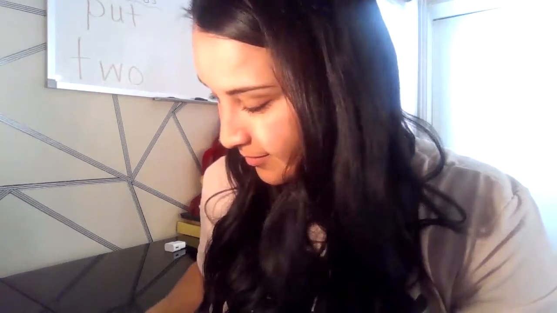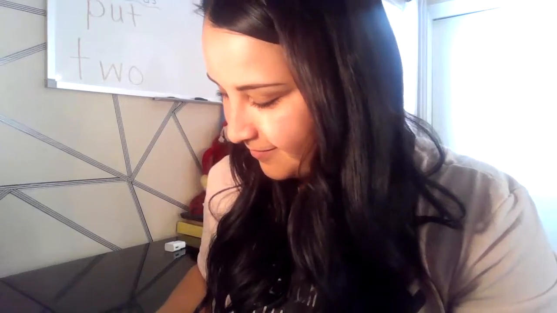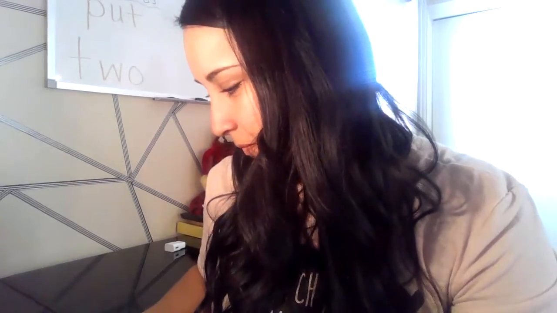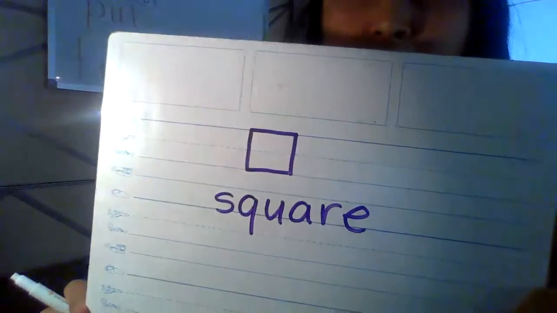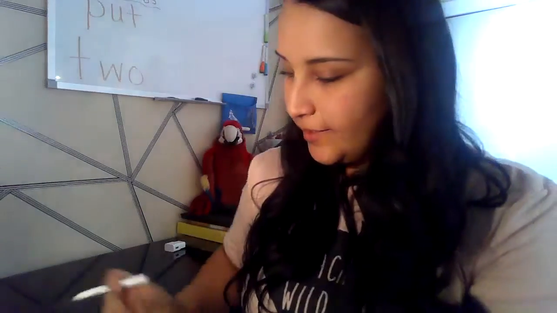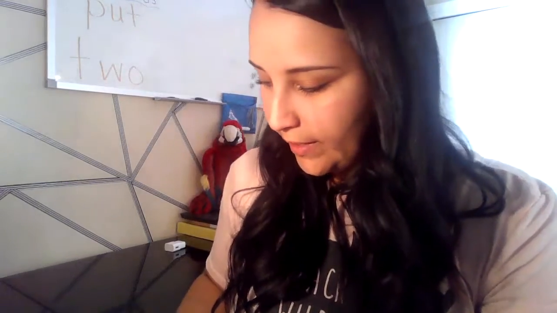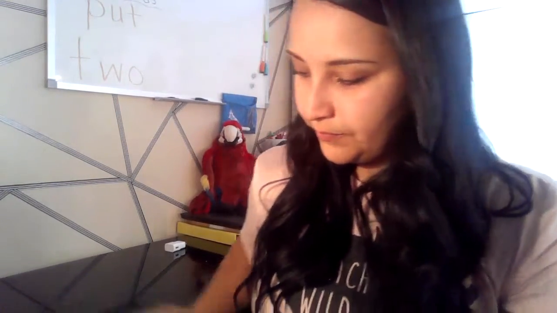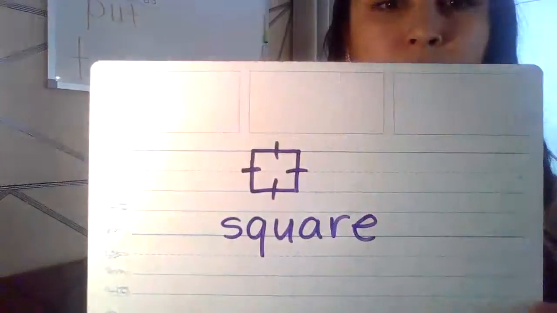Did you guess? It is a square. A square has 4 sides, and it also has 4 corners.